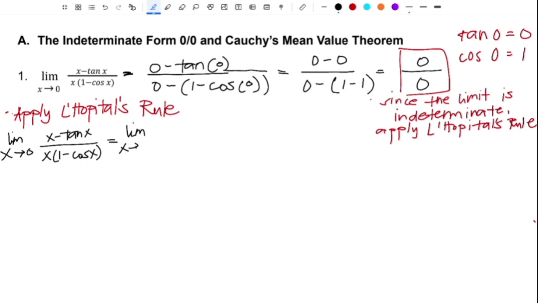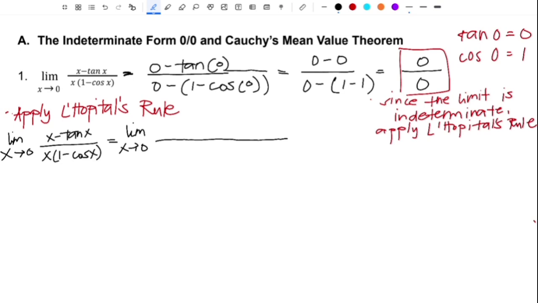Now let us derive first our numerator. This is where we need to be careful with how we derive certain functions.